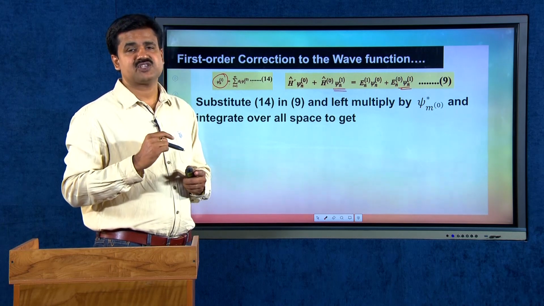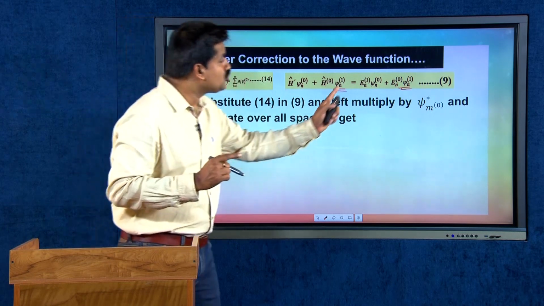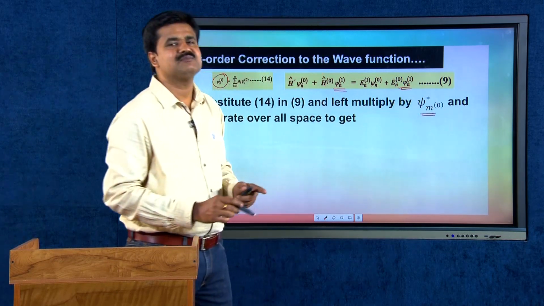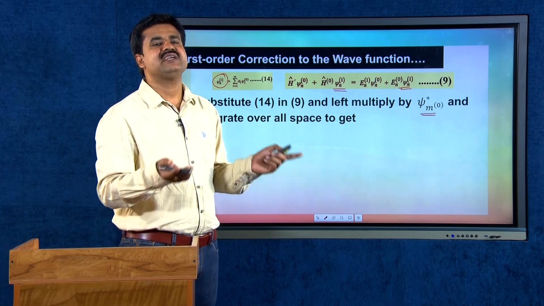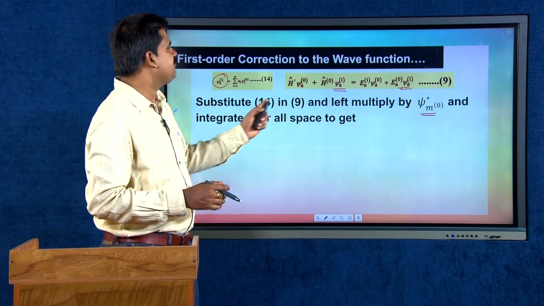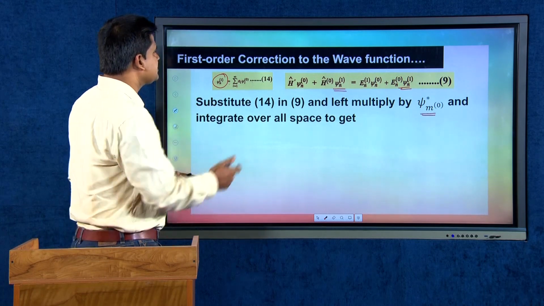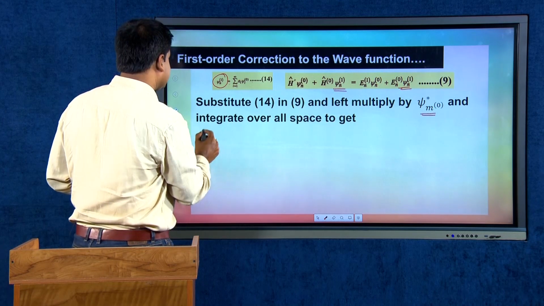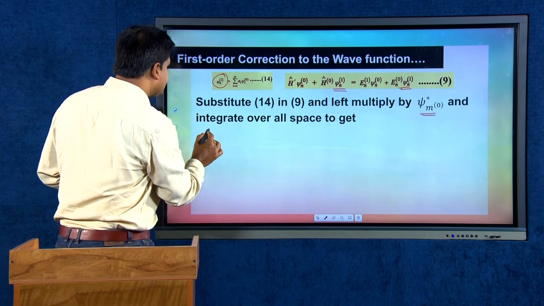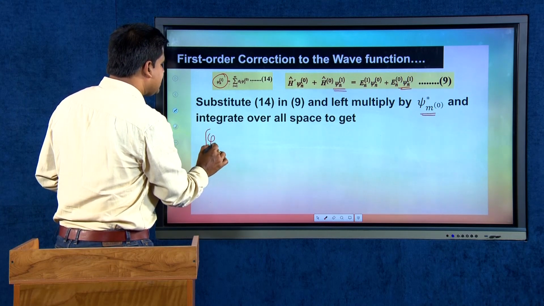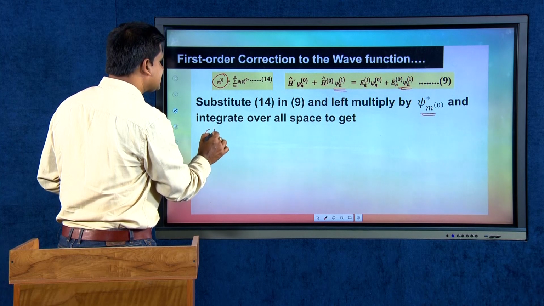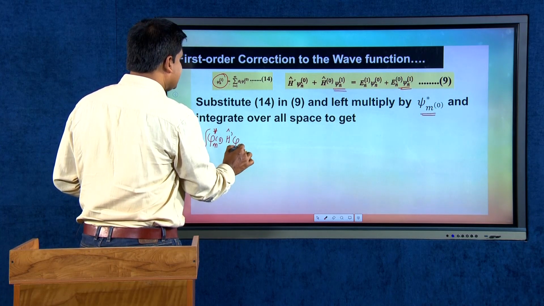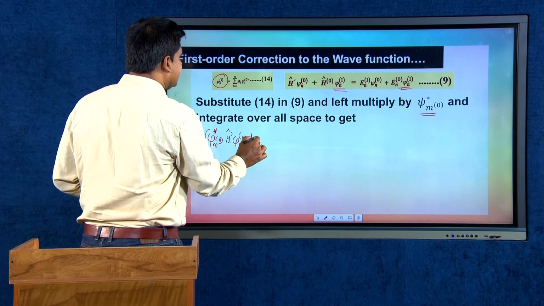as we did in the case of the first order correction to energy, where we left multiply with psi m0 star and integrate over space. If we proceed, we will get it like this. The first term we left multiply with psi m0 star and integrate, so this term changes to the integral of psi m0 star H hat dash psi n0 d tau.